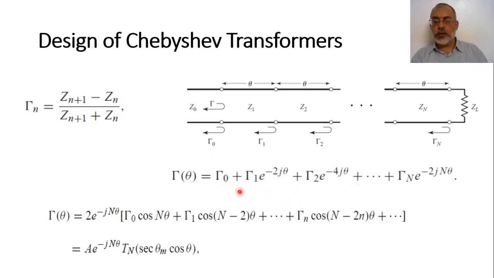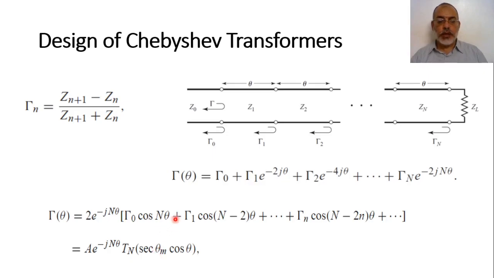For the case of a symmetric transformer, the reflection coefficient can be represented in terms of cosine n theta, cosine n minus 2 theta, cosine n minus 4 theta, and so on, as a series of cosine n minus 2m theta. Here is the reflection coefficient represented as a series of cosine thetas.